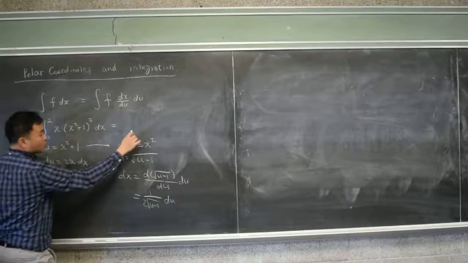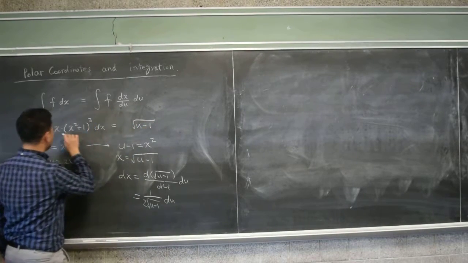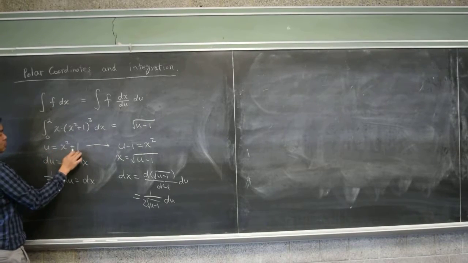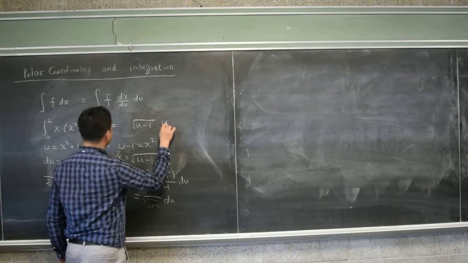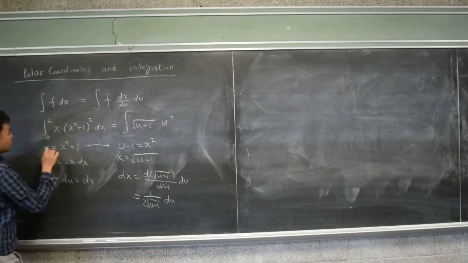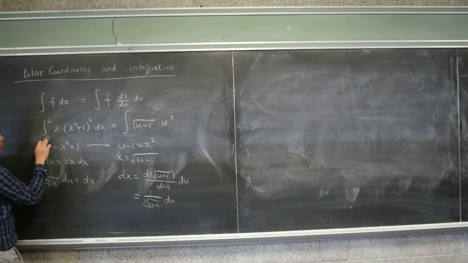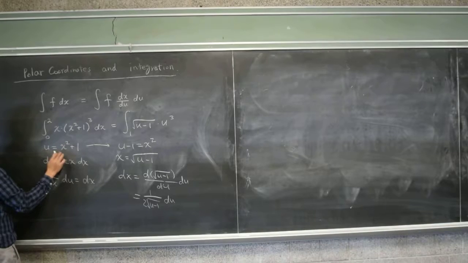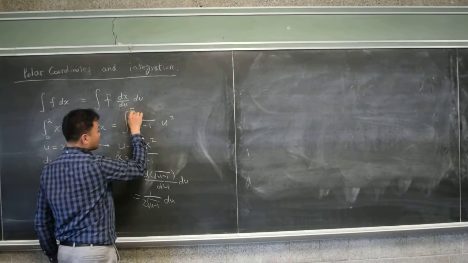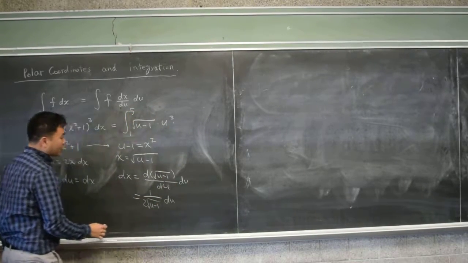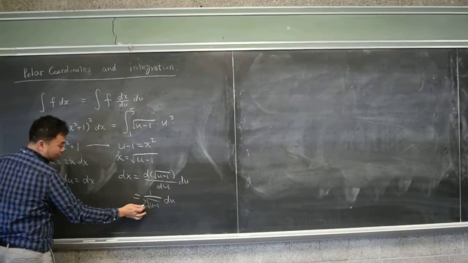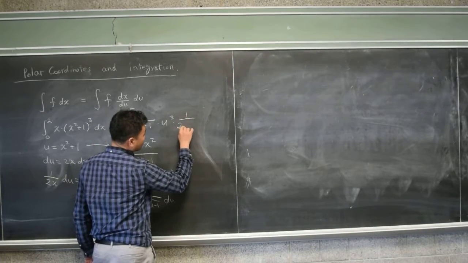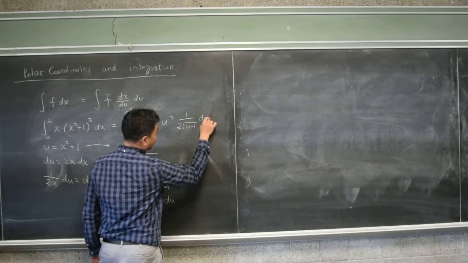Since x is this thing, x can be replaced by that, and since u is x squared plus 1, you can replace this by u cubed. And by the way, when x is 0, u is 1. If you plug in 2 for x, 2 squared is 4, 4 plus 1 is 5, so instead of 2, you have to put 5. And then instead of dx, you write 1 over 2 radical u minus 1 du.